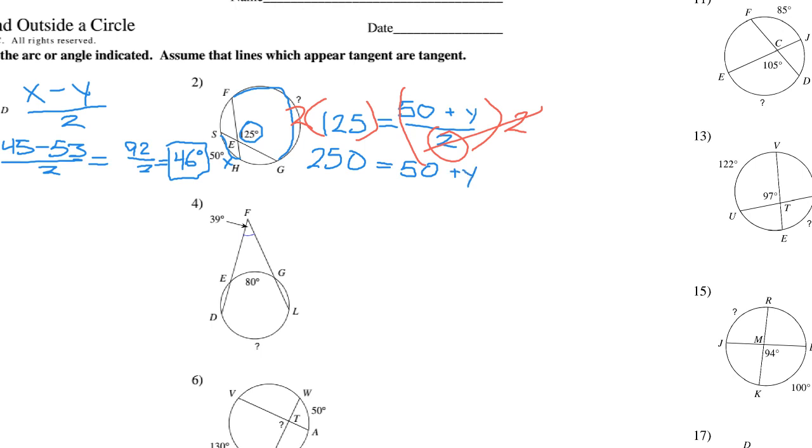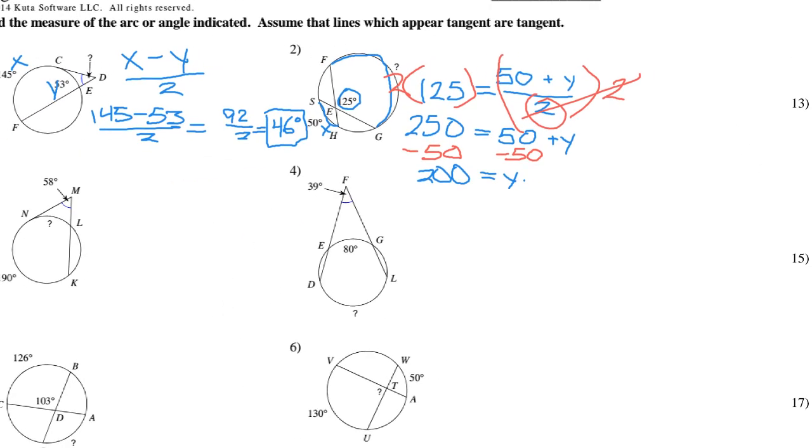And if we subtract 50 from both sides, we get 200 equals y. So y in this case is a 200-degree arc. Cool. And I should box that just so we have it.